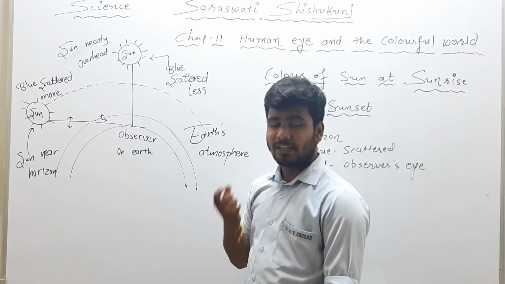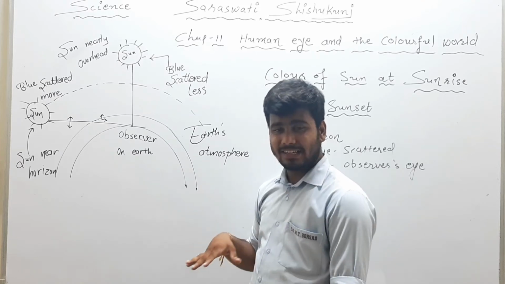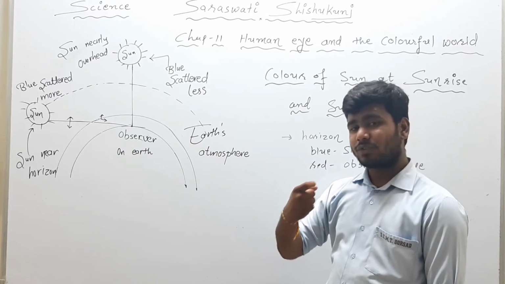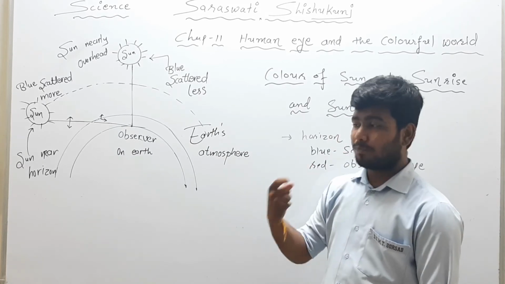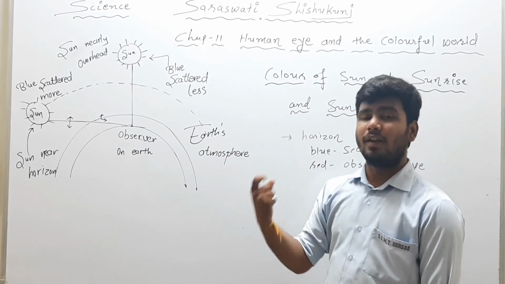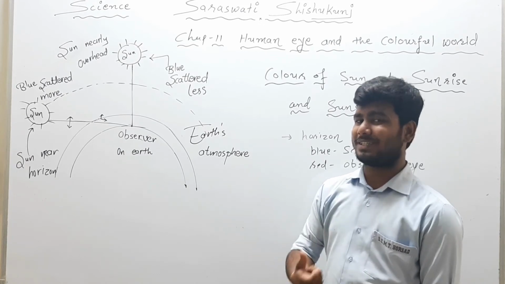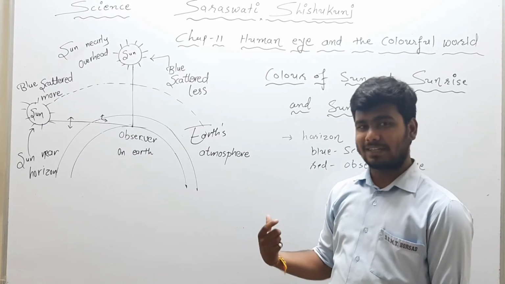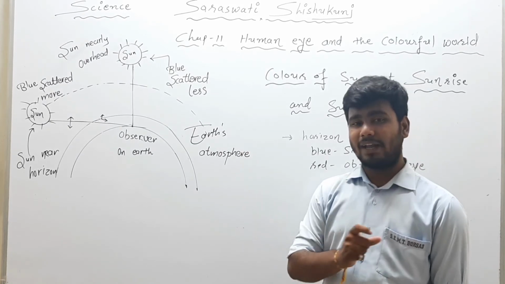And as we know that the minute particles are less in the atmosphere, so it will take a long time. So due to that, the observer will see only the long-wavelength light, which is red. So during sunrise and sunset, it looks red in color.